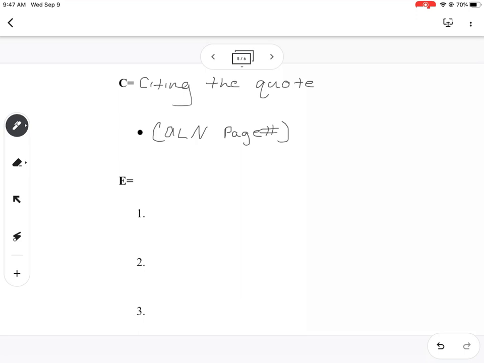So an example might be that you are quoting something from The Lottery by Shirley Jackson. So you would put her last name here. And because that's a longer piece of work, that might be on page 2. So that's what you want your in-text citation to look like.